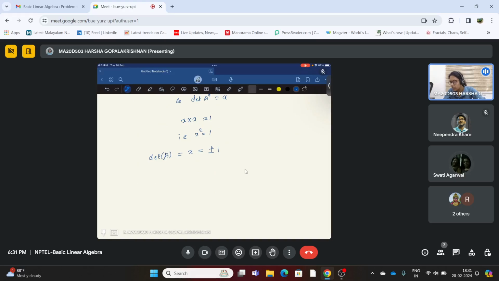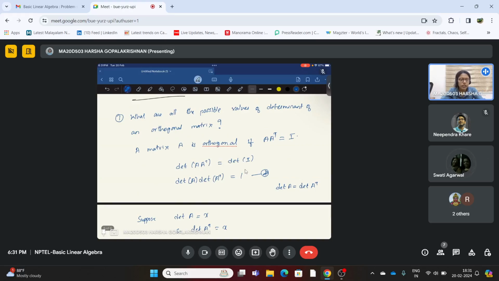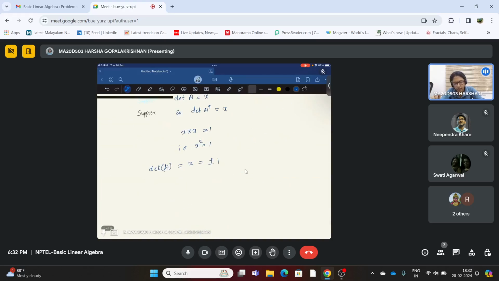Now let us see. Can anyone say some example of an orthogonal matrix with determinant plus 1? You can start with a simple example. First I will give one example.